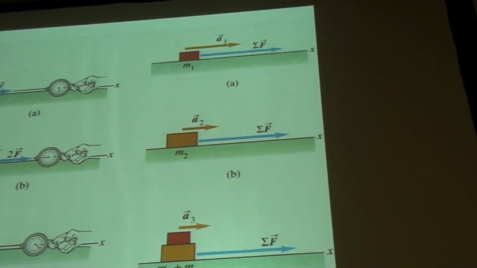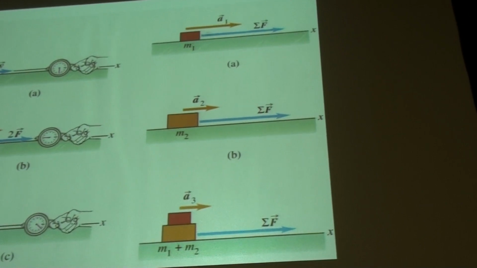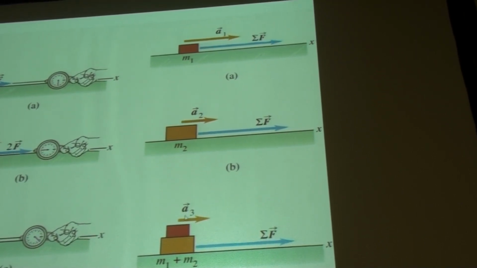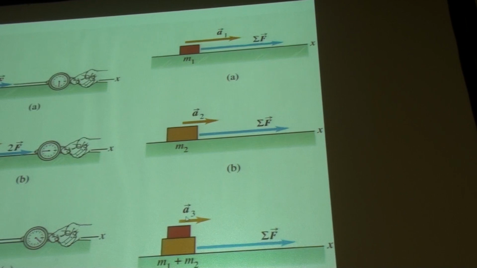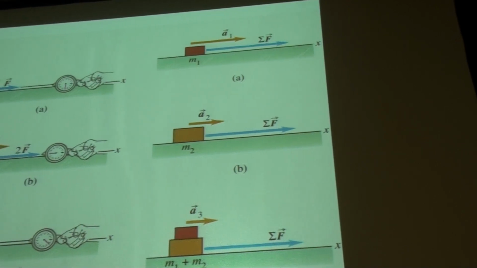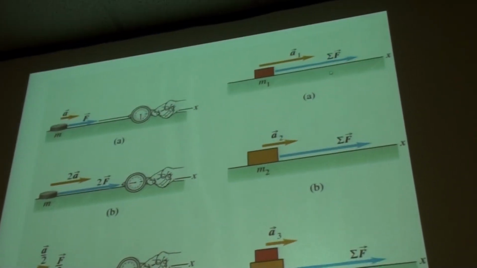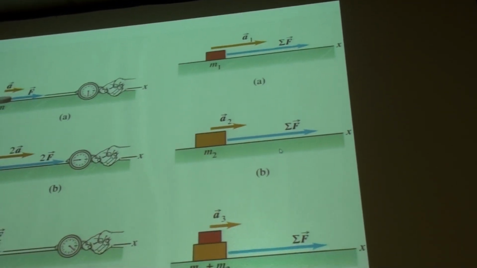So if the sum of the forces is equal in these three on the right, then the acceleration, which is a vector, will progressively get smaller, because the acceleration is the sum of the forces divided by the mass. If the force stays constant and the mass gets bigger, then the acceleration must go down. Okay, so those are two cases that we often look at. One where we have differing forces acting on the same mass, but in the other case we have the same force acting on differing masses.